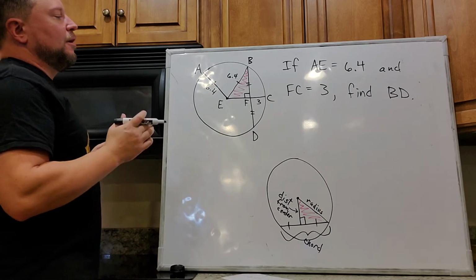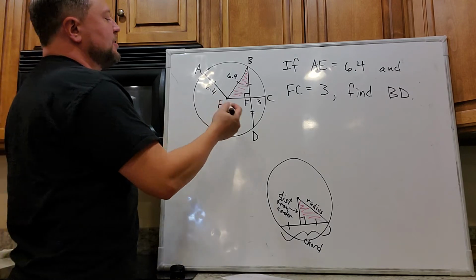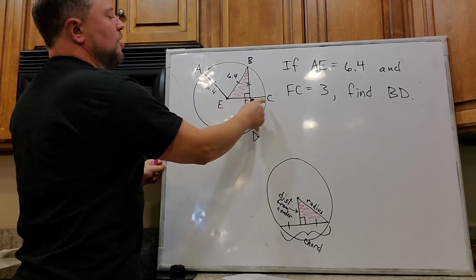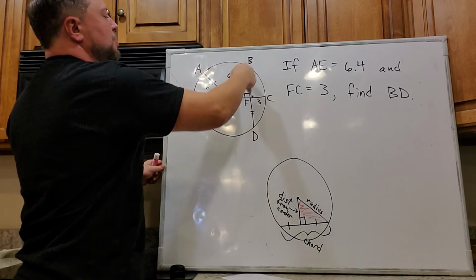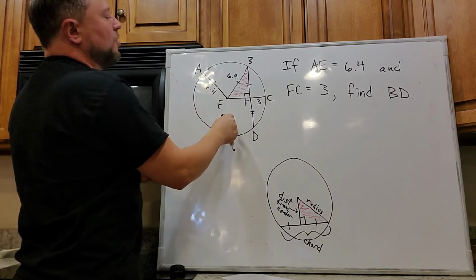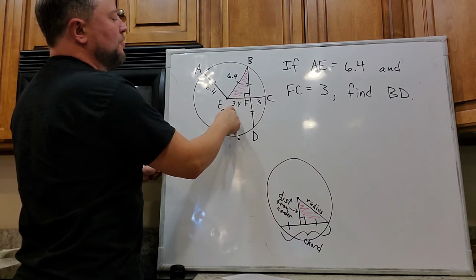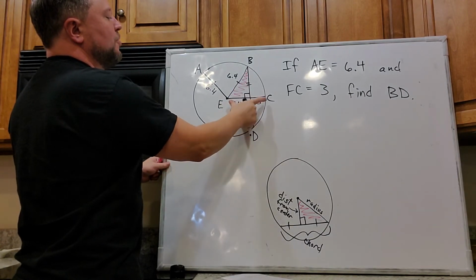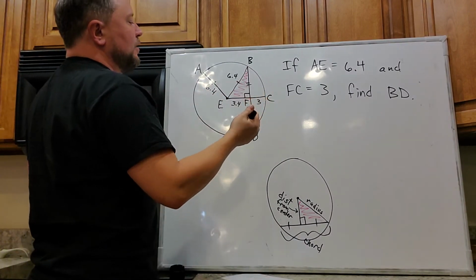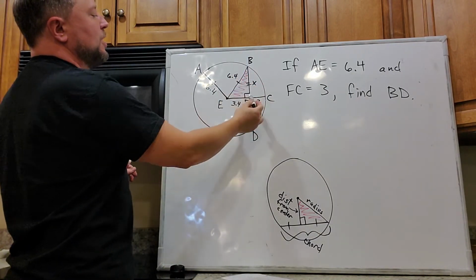And on this problem, believe it or not, we can find EF. Because if you pay attention again to how AE was a radius, CE is also a radius. See it? AE, BE, CE, they're all radii. So they should all be 6.4. And if this part's 3, then wouldn't this have to be 3.4? So that 3 plus 3.4 would be 6.4. Okay, and now finally, I'm going to find this distance, x, here in our little pink right triangle.